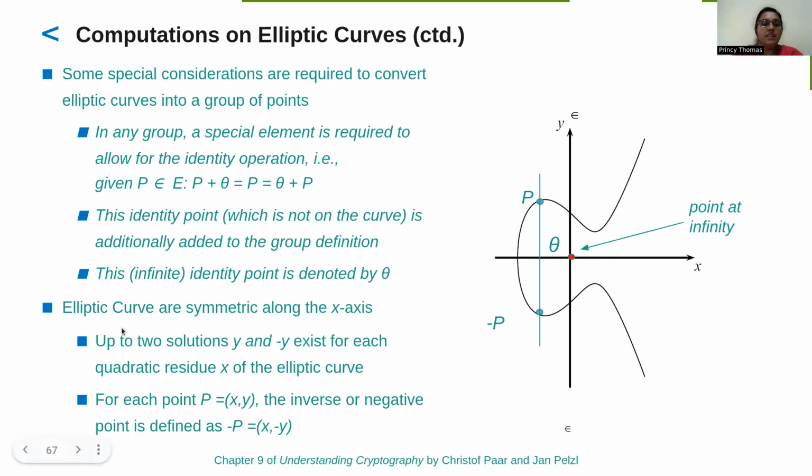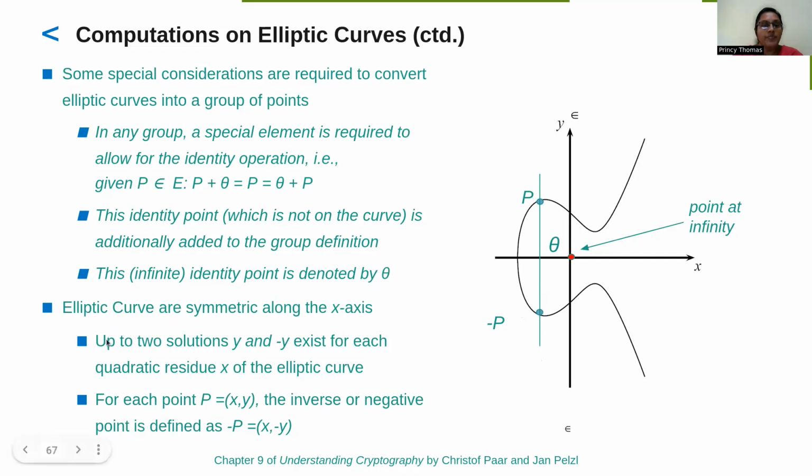Elliptic curves are symmetric along the x-axis. Now, one more important point. We have discussed theta, and now we are looking at what an inverse is. So if you have a point P, the inverse of the point P is found by dropping a line perpendicular to the x-axis, and the point where it cuts on the opposite side is the inverse.